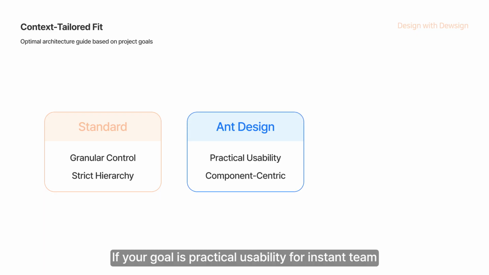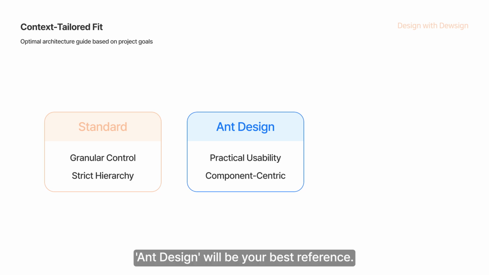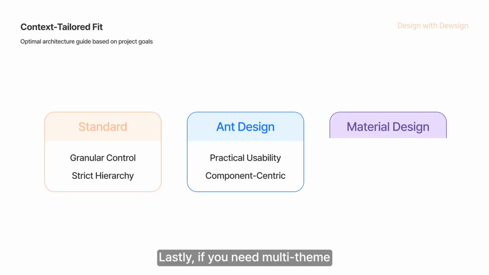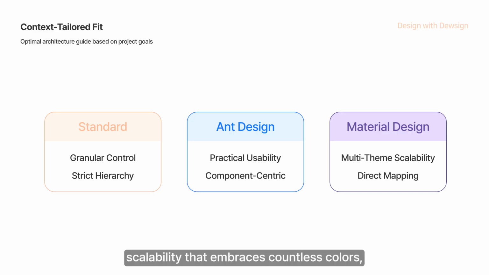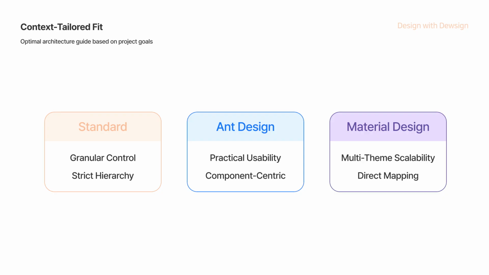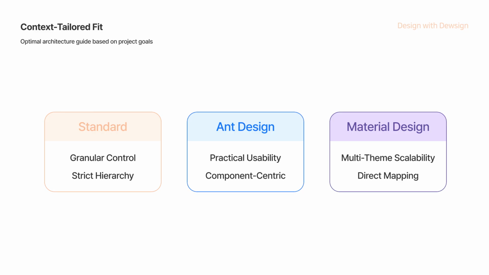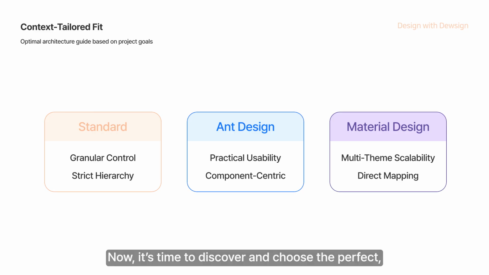If your goal is practical usability for instant team communication and quick component-centric deployment, Ant Design will be your best reference. Lastly, if you need multi-theme scalability that embraces countless colors combined with the overwhelming productivity of direct mapping, it's best to modify and apply Material Design's approach. Now it's time to discover and choose the perfect custom-tailored fit for your own team.